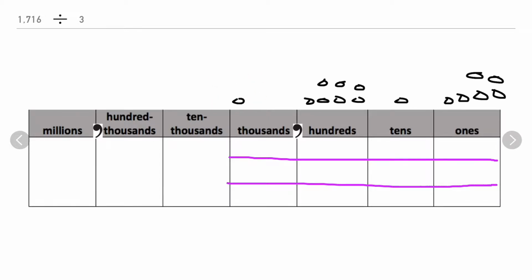Here's the thing, you guys. Remember back to our very first lesson in this standard. We learned about the different place values. And we learned that thousands is blank times as many as hundreds. Fill in that blank. Thousands is blank times as many as hundreds.